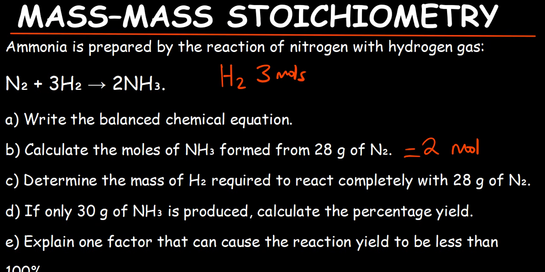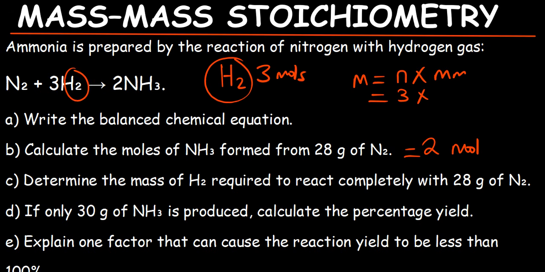The mass of hydrogen, therefore, is going to be, you know that mass is equal to the number of moles multiplied by the molar mass. The number of moles is 3. The molar mass for hydrogen: there are two hydrogens here.